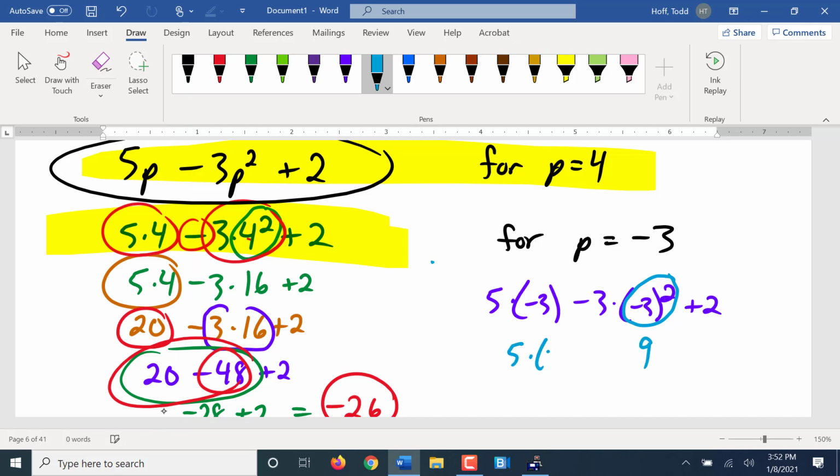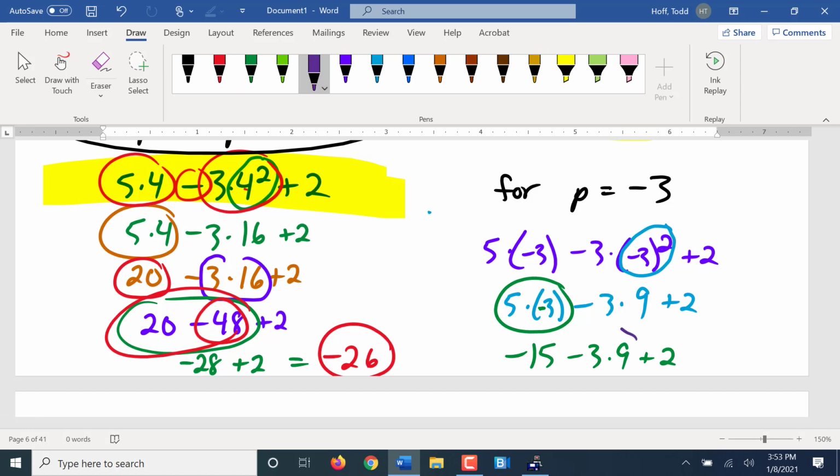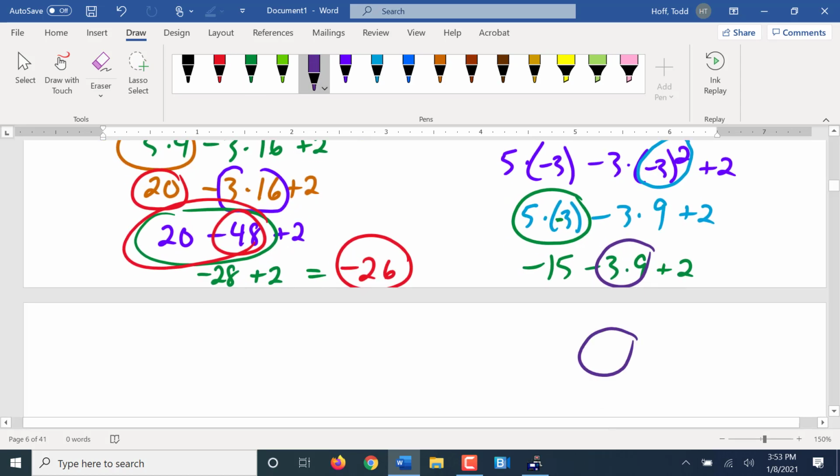So now we've got 5 times negative 3 minus 3 times 9 plus 2. Going left to right, we have the 5 times negative 3, which is what? Negative 15. Then we do 3 times 9, which is 27.